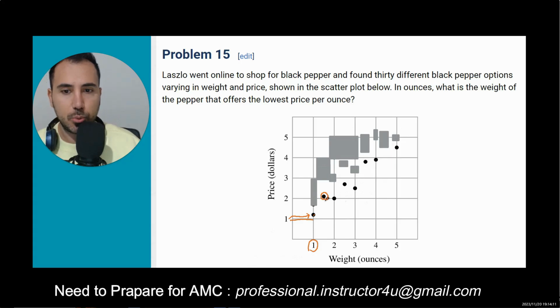It's gonna be $2 for 1.5. Okay, but this one is actually cheaper because it's gonna be $2 for 2 ounces. So $1, 1 ounce. Okay, so this is not good. This is not good. This is really good. So far, this is the winner.